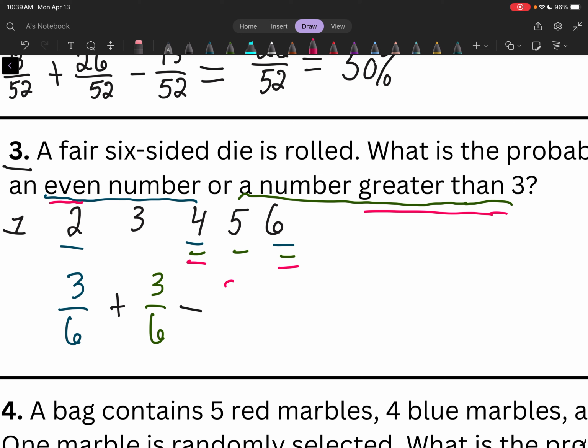So I'm going to minus 2 over 6. This is 4 over 6, or 2/3, approximately 67%. Basically, for this problem, what is the probability of rolling either an even number or a 5? That's what this one is saying.